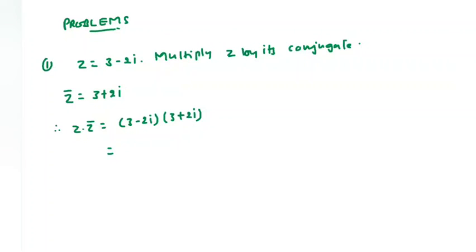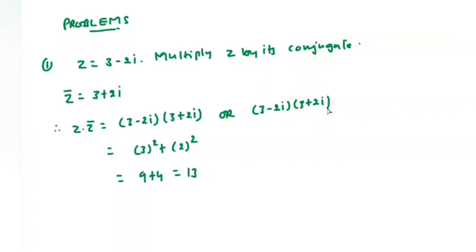So using that property also you can directly write down the answer. Real part is 3 square, plus imaginary part is 2 square, which is equal to 9 + 4 equal to 13.